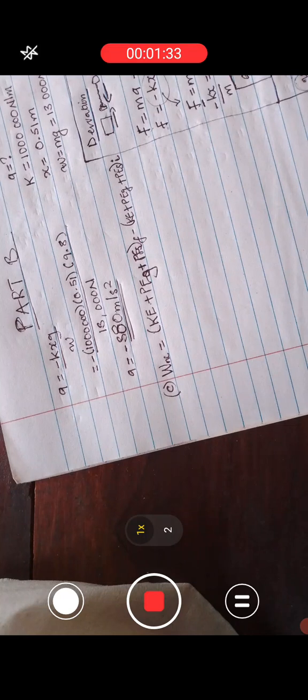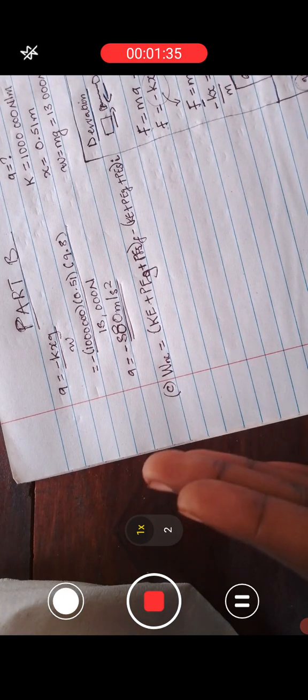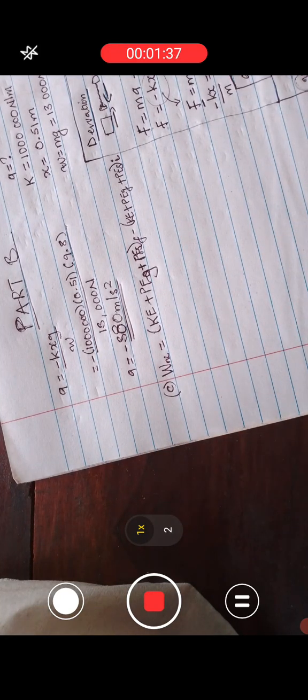So here you have to subtract the initial from the final.